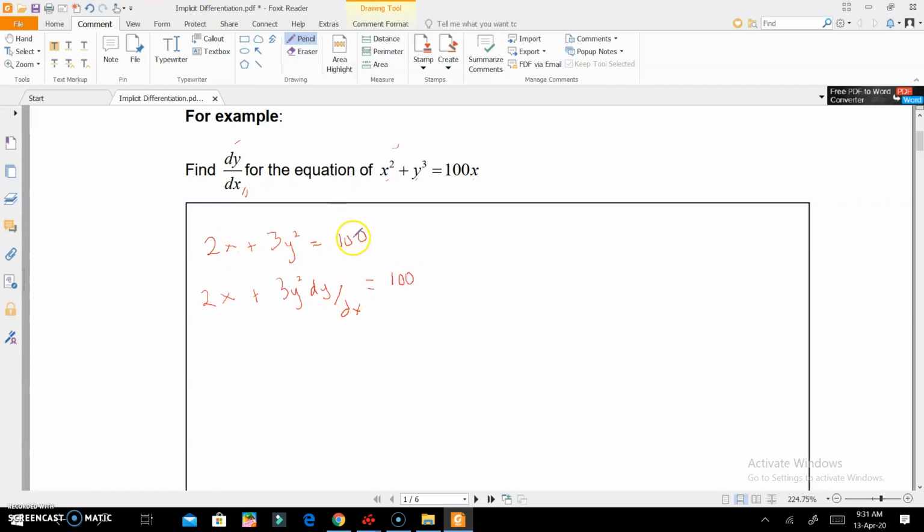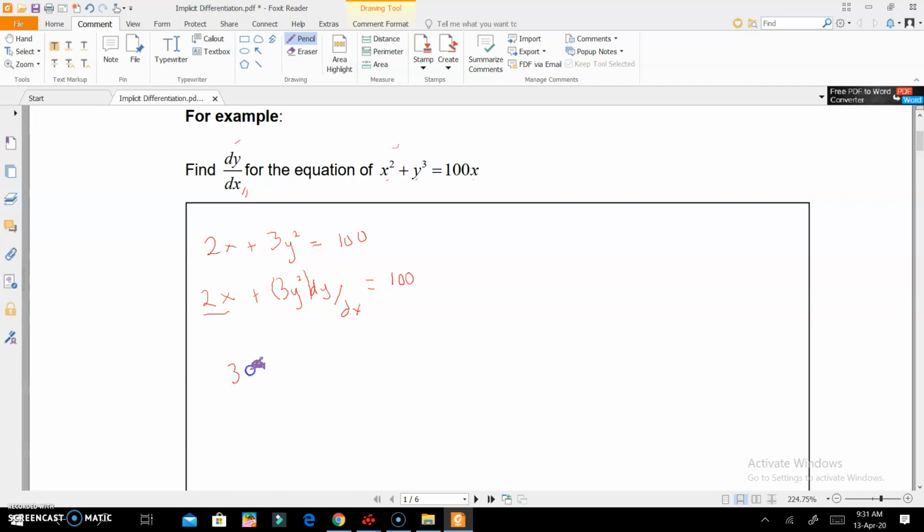The part of x, we just put as usual. The only thing you need to add is to multiply the result of the differentiation of y with dy dx. Then we bring the terms without dy dx to the other side.